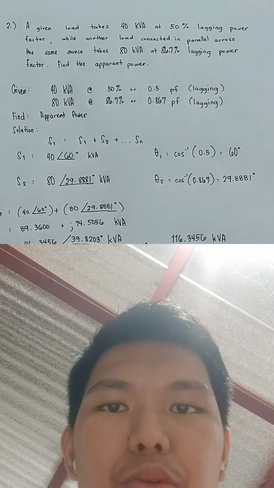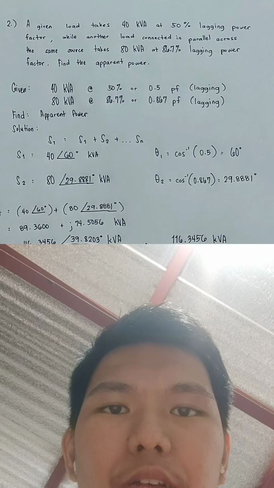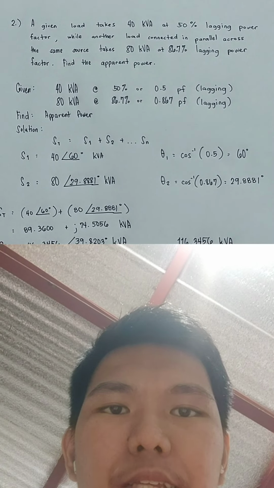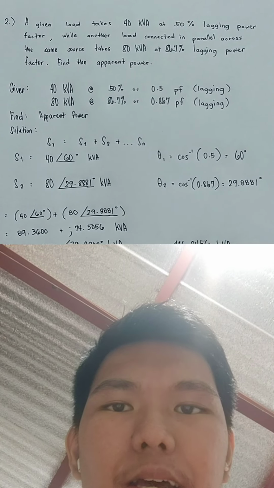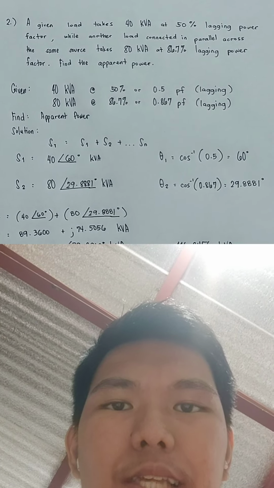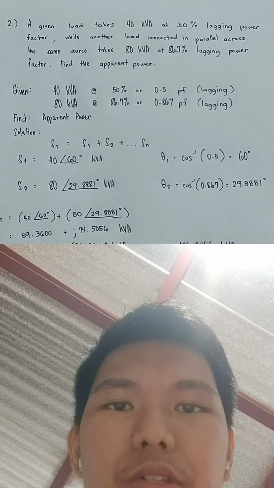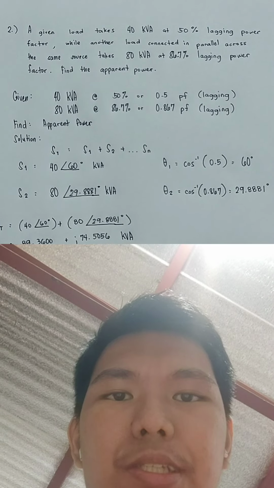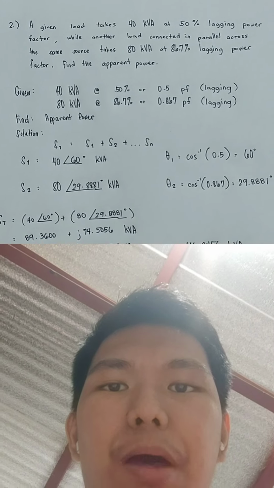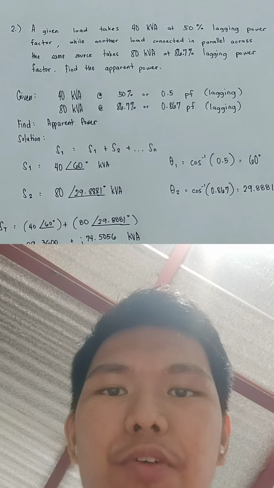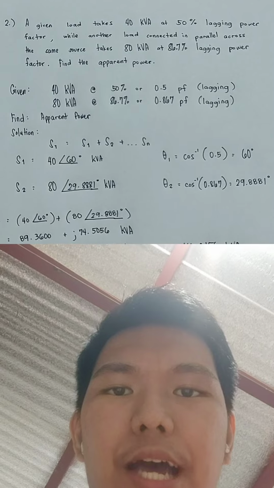Next, for number 2, a given load takes 40 kilovolt-amperes at 50% lagging power factor, while another load connected in parallel across the same source takes 80 kilovolt-amperes at 86.7% lagging power factor. Find the apparent power. The given is 40 kilovolt-amperes at 50%.